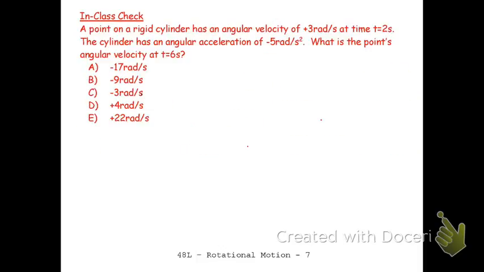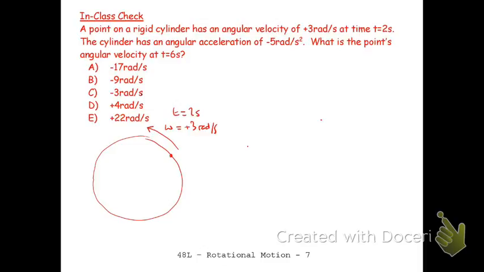A point on a rigid cylinder has an angular velocity, and I do my angular velocities like a curvy omega, equal to plus 3 radians per second at time t equals 2 seconds.